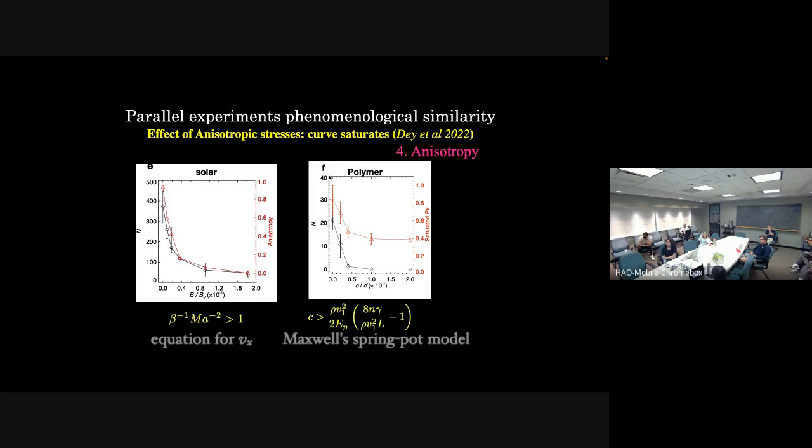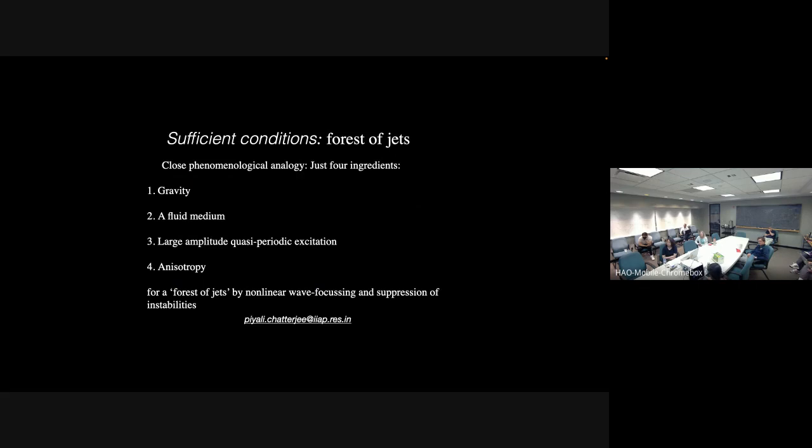We see a similar behavior in case of polymer. You increase the polymer concentration a little bit, the droplet formation just drops drastically and then it levels off. That's why I say it's a phenomenological similarity, because the behavior of these two curves of the measure of anisotropy versus the magnetic field or the concentration is also very similar. So the fourth ingredient in the jet formation turns out to be anisotropy.